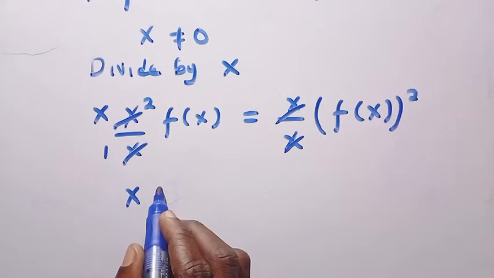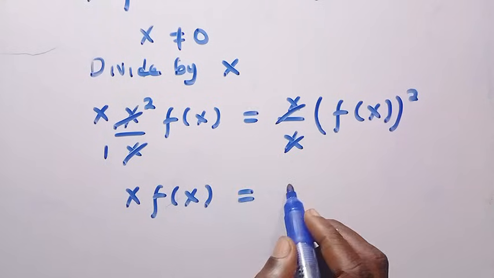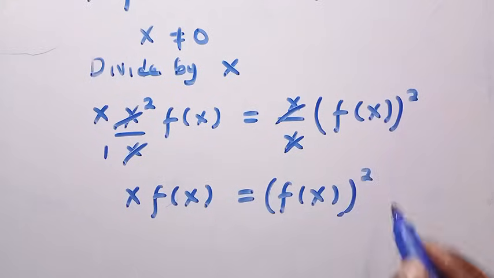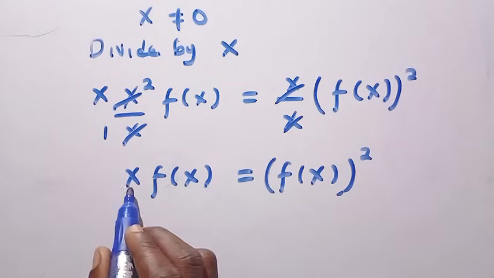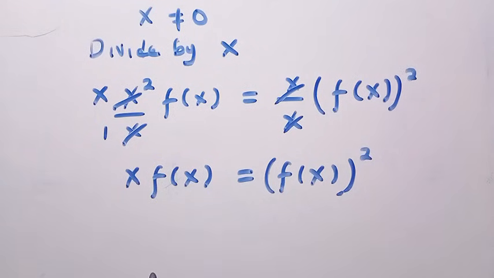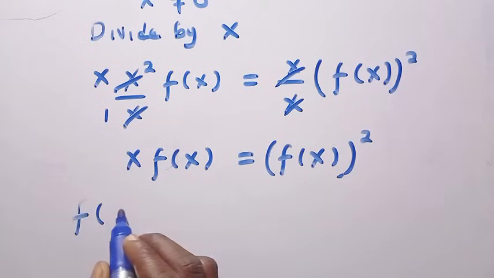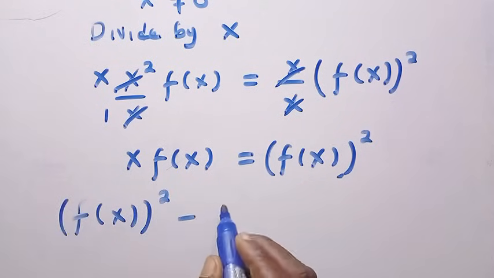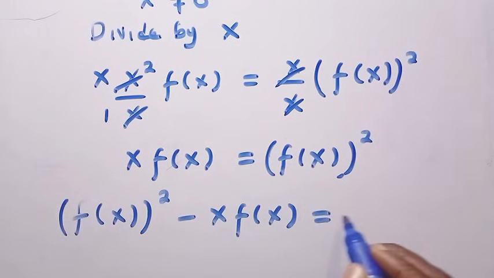Therefore we have x multiplied by f of x equals f of x all raised to the power of 2. Then if we subtract x f of x from both sides, we are going to have f of x all raised to the power of 2 minus x f of x equals 0.